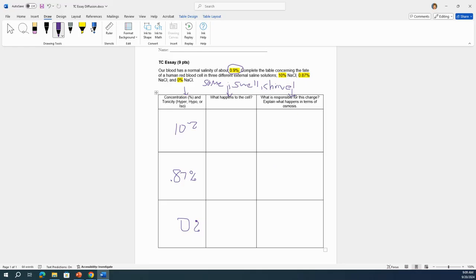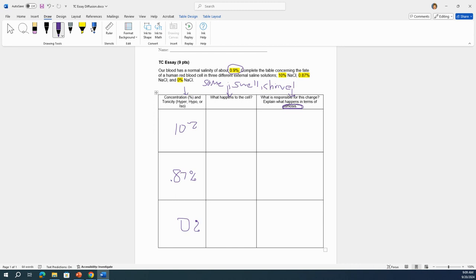Now, over here is where you're telling me why. This is where you're going to talk about water movement. It says what is happening in terms of osmosis. So this is where you're going to bring in the concepts of the water moving and why it's moving in that direction. So this is going to tie into whether it's hypo, hyper, or iso. So if you have an isotonic solution, one of these things is going to happen.